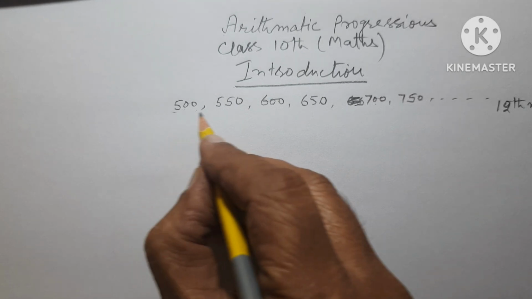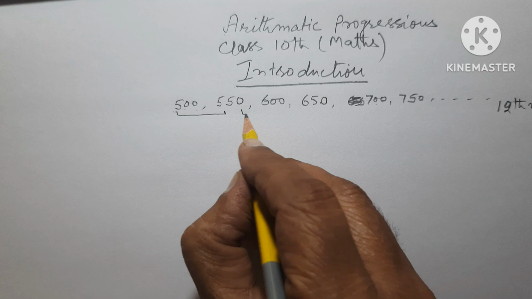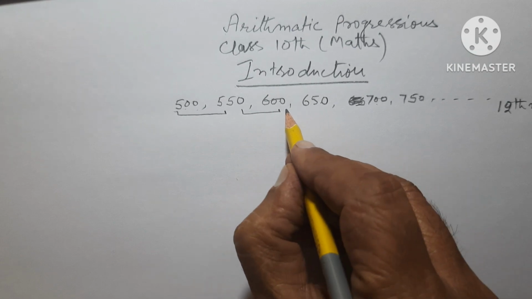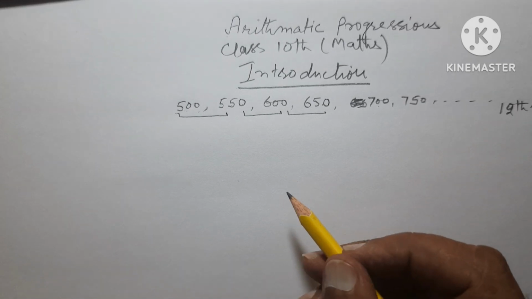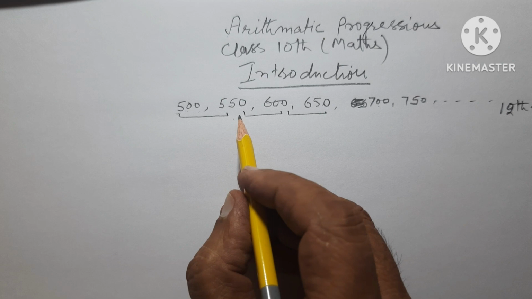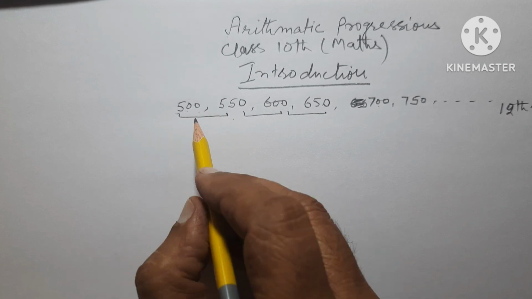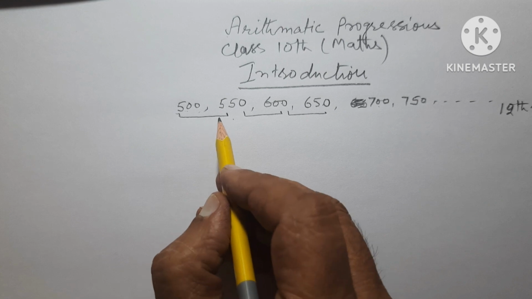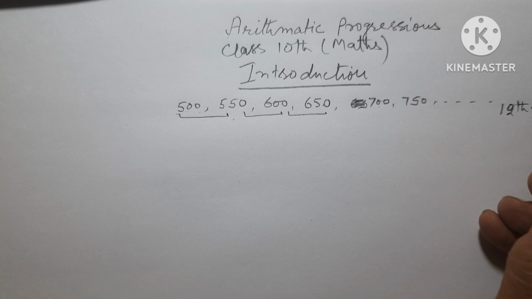Now, there is a difference of 50 rupees, a difference of 50 rupees, a difference of 50 rupees. Everywhere the difference is 50 rupees. So this difference between one amount and the next month's amount is called the common difference of the elements of the arithmetic progression.